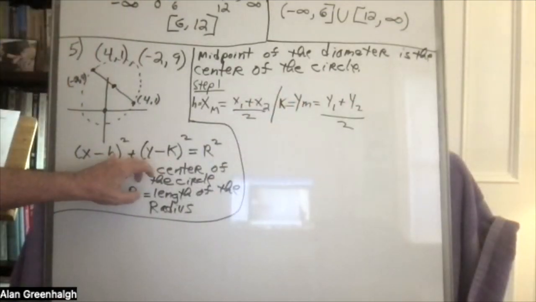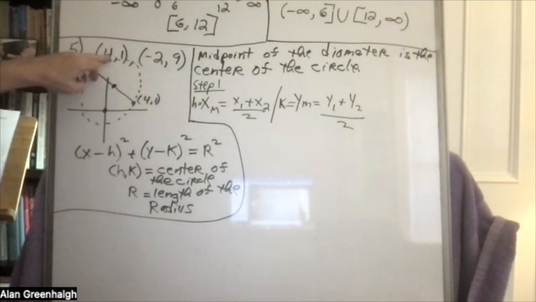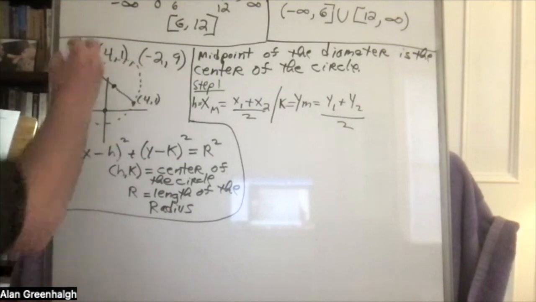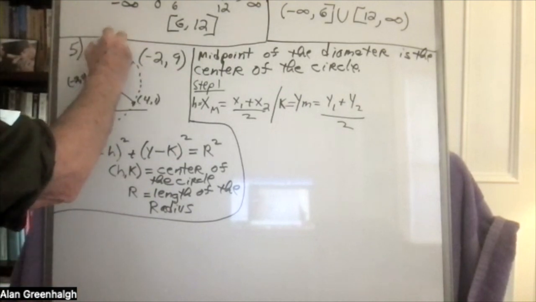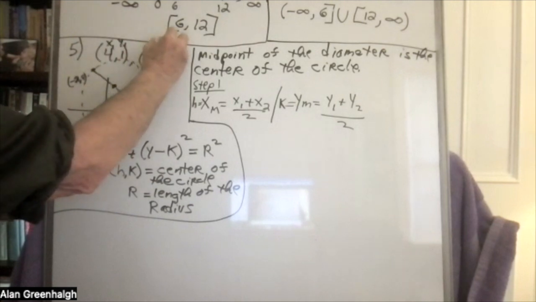So you see how valuable that is, to find the midpoint. And let's do that using the 2 points that we're given. So this is x1, y1. This is x2, y2.